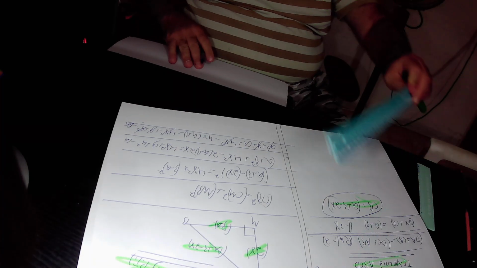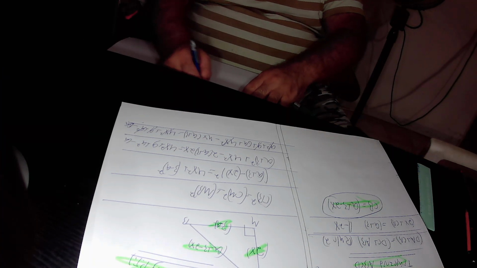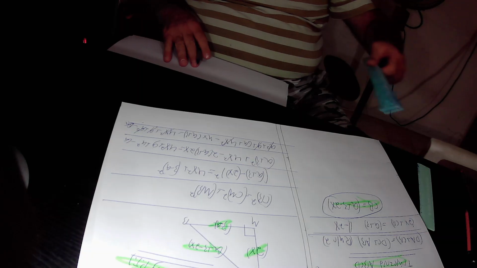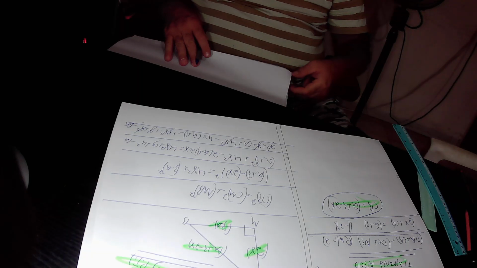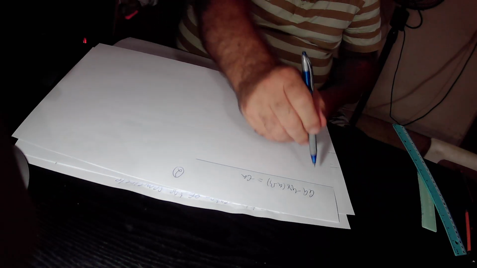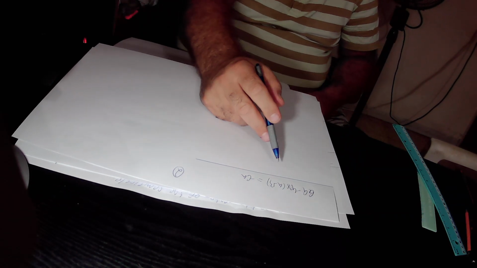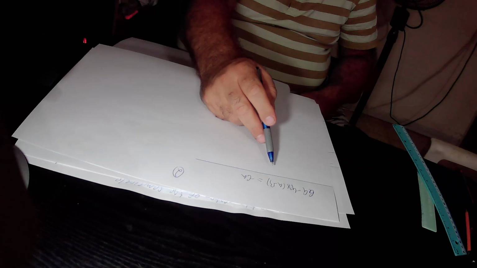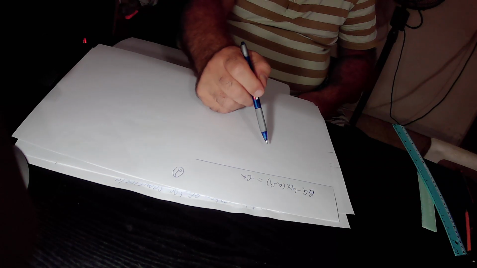So in total we find that 6a minus 4x times (a + 3) equals minus 6a.